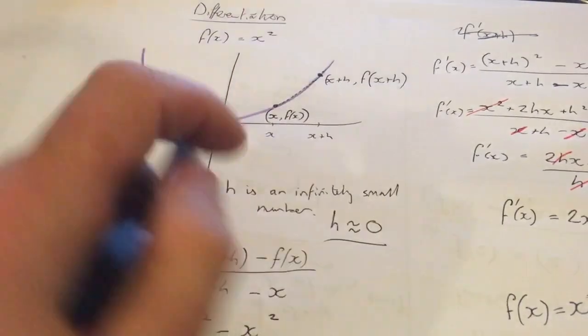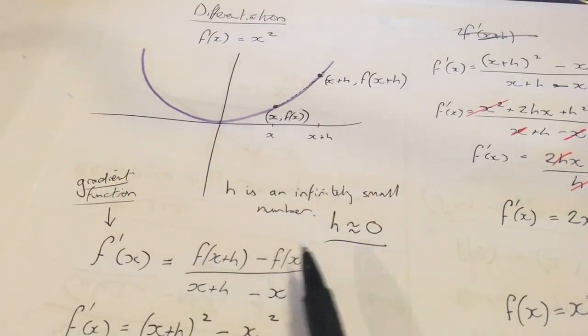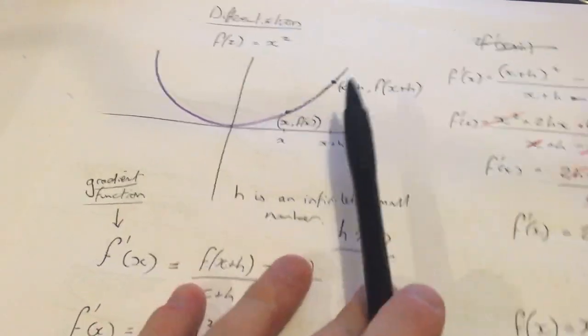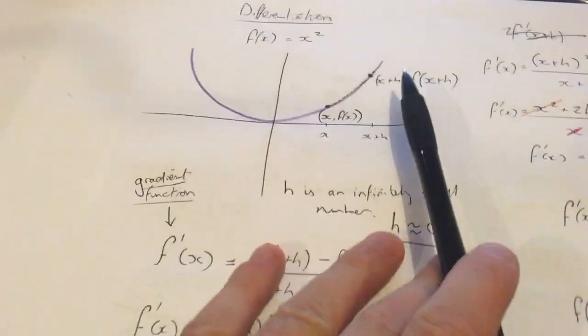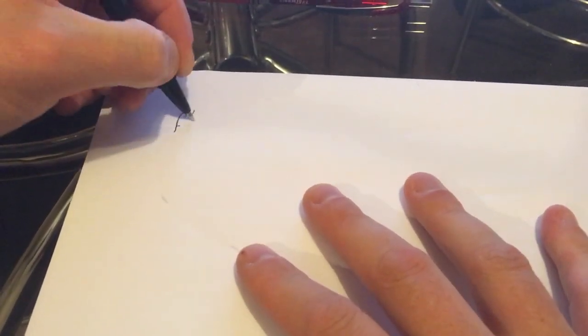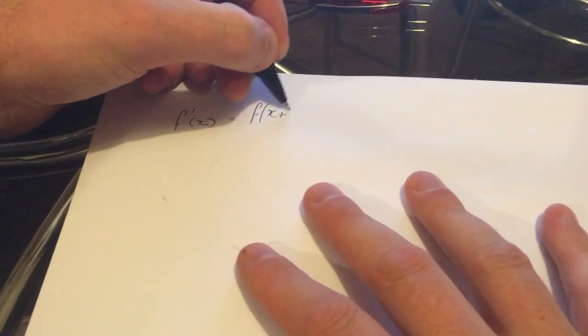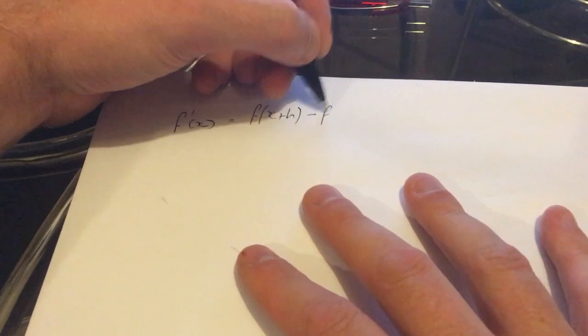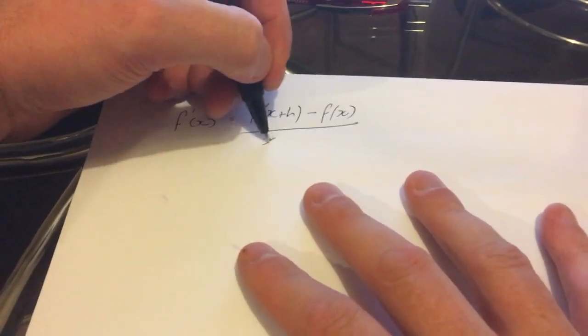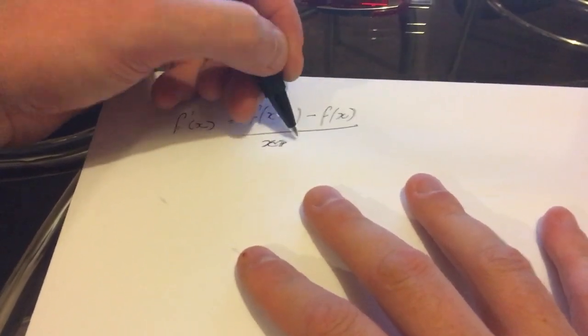So this proof has a name. This is called proof from first principles. So it's the first principles of differentiation. And we can formally write out our proof like this. So we say f dash x equals f of x plus h minus f of x divided by h.